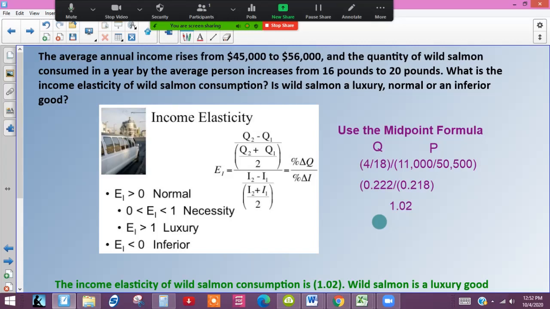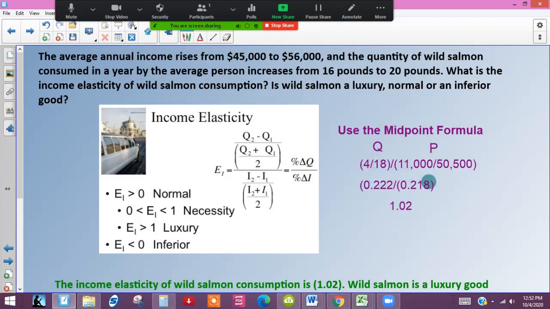So the first thing we need to do is use the midpoint formula to figure out what the income elasticity is. So the percent change in quantity is going to be Q2 minus Q1, which is 4, divided by the average, which is 18, all divided by income 2 minus income 1, which is 11,000, divided by the average of 45,000 and 56,000, which is 50,500.